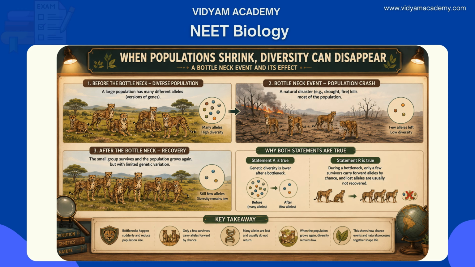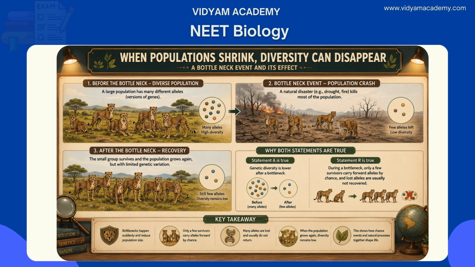So here the reason R is also true, because it gives the precise mechanism. When only a few individuals survive a bottleneck event, they carry forward only a random subset of the alleles present in the original larger population. Many alleles, by sheer chance, are simply not present in any of the survivors and are permanently lost.